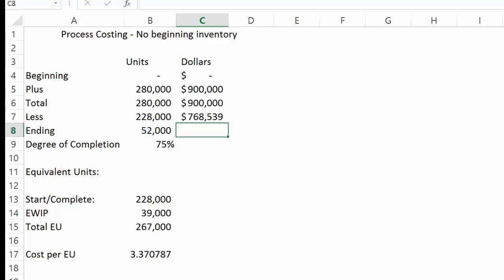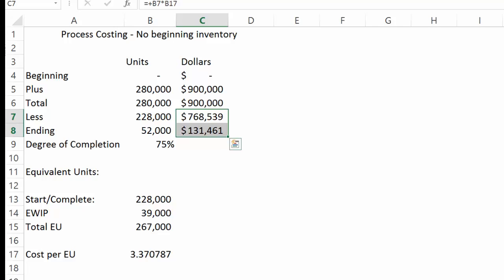And of course, those go to finished goods inventory. I'm going to calculate the value of my ending inventory two different ways. First of all, I'm going to just take this and subtract this. So I have $131,461, and we know that these two numbers together have to equal 900,000 because I subtracted.